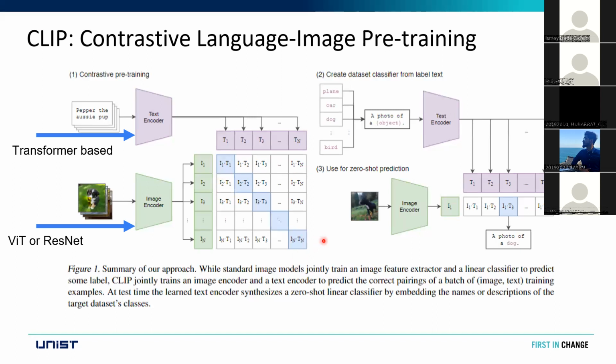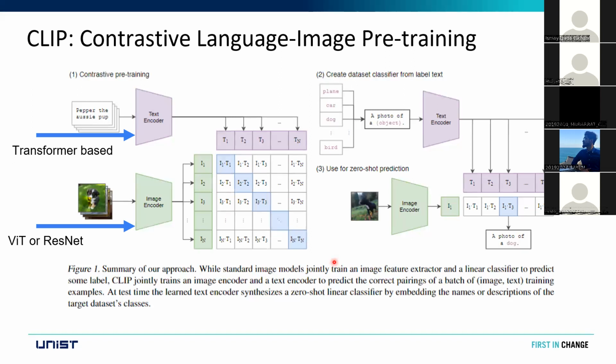Here, these diagonals are the associated points for each input. So for image one, this is the one. For image two, this is the one. They train CLIP in a way that they maximize this diagonal of this matrix.